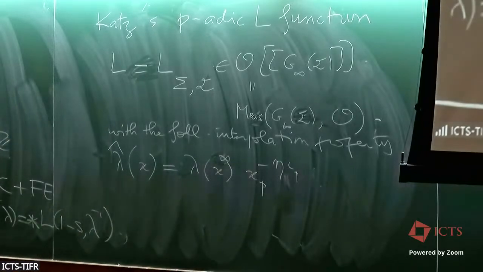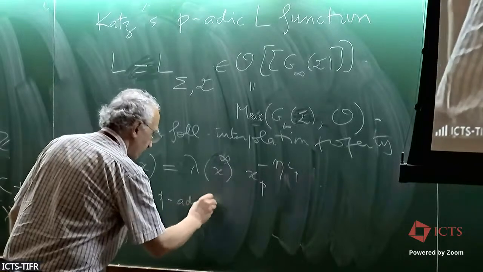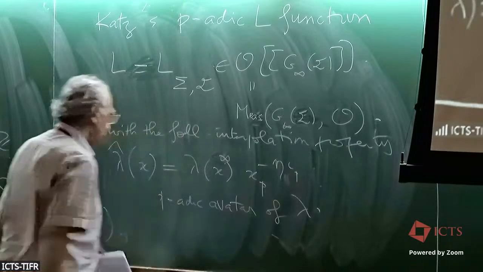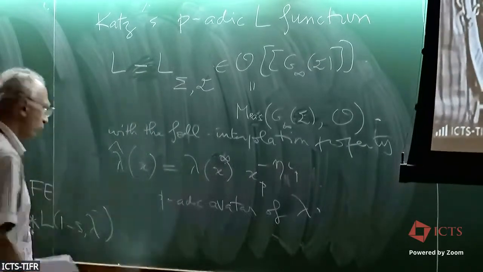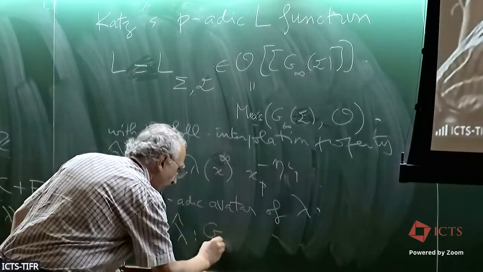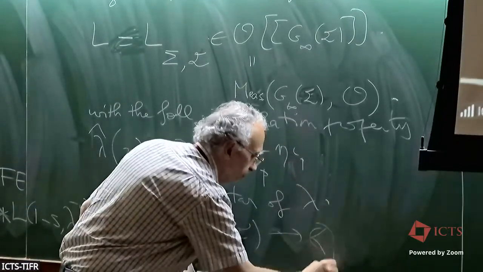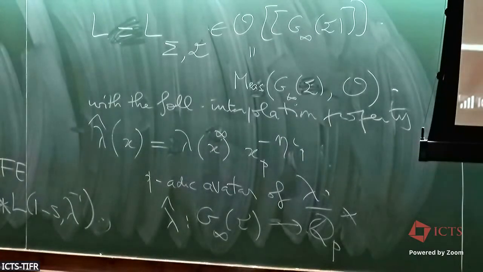So this is the p-adic avatar of lambda. And this p-adic avatar gives rise to a continuous homomorphism from Galois to some p-adic extension of Q_p.